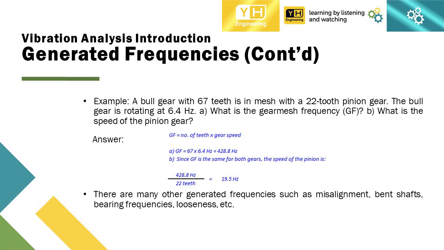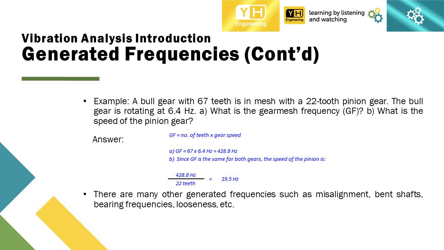A. Gear mesh frequency equals 67 multiplied by 6.4 Hz, equals 428.8 Hz. B. Since gear mesh frequency, GF, is the same for both gears, the speed of the pinion is 428.8 Hz divided by 22 teeth, equals 19.5 Hz.